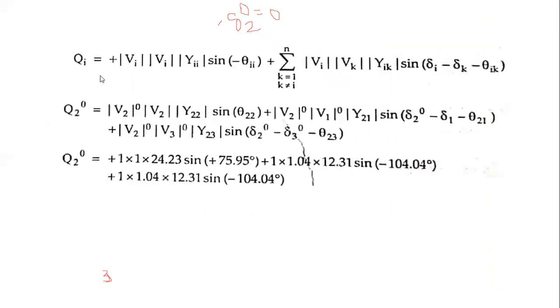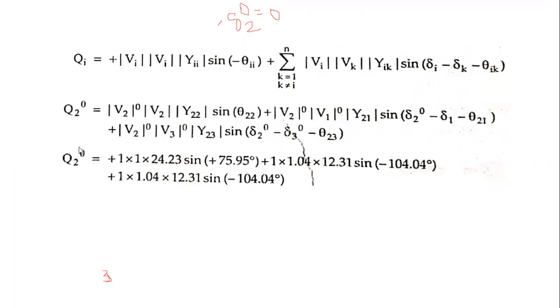Next, similarly, we determine Q2 power 0 and also Q3 power 0. The formula is Vi sine of theta ii, sigma k equal to 1 to n, k not equal to i, Vk, Yik, sine of delta ik minus delta k minus theta ik.